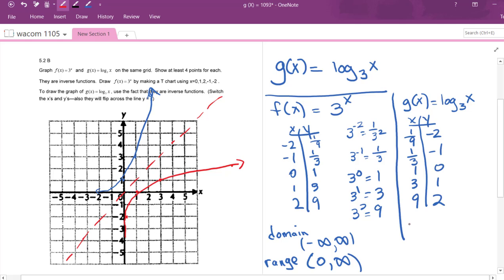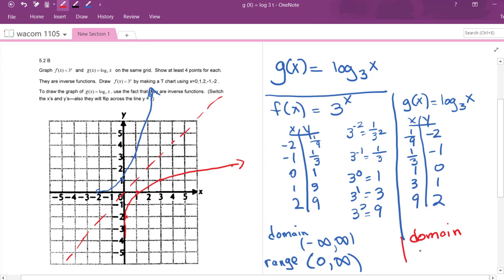And then we want the domain of the log base 3 of x. So how does it act going across? This one has a vertical asymptote, and it is going to be x equals 0.